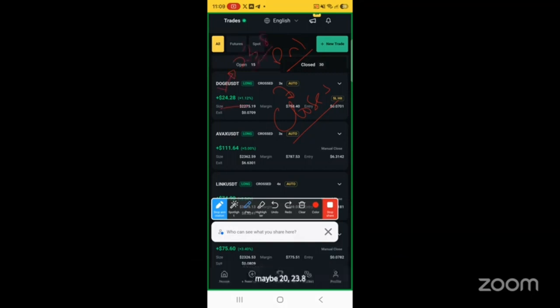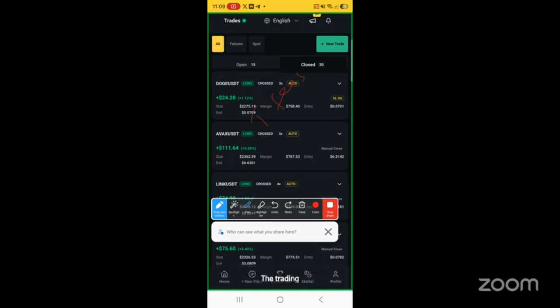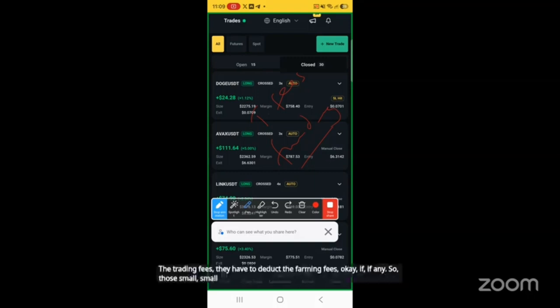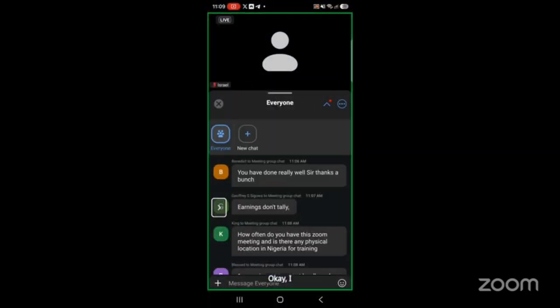Why? It is because when a trade closes on the exchange, they have to deduct the trading fees and the funding fees, if any. So those small differences on the exchange cause a small drift in the earnings, but they are almost always the same. Okay, I hope I've answered you very well.